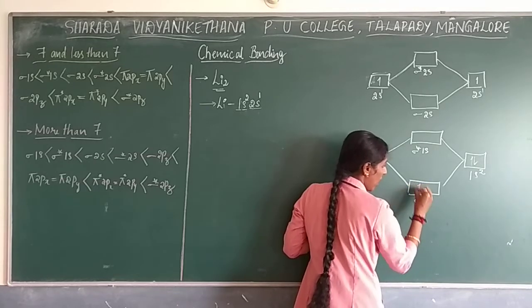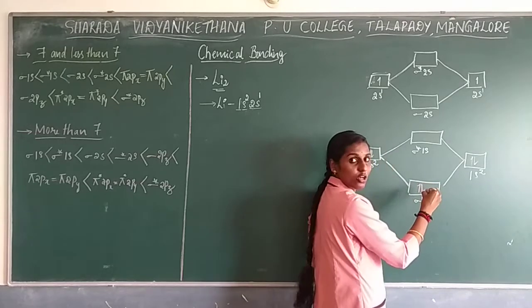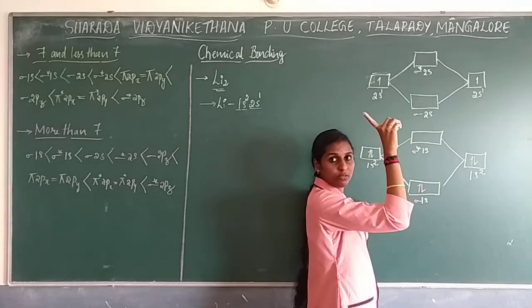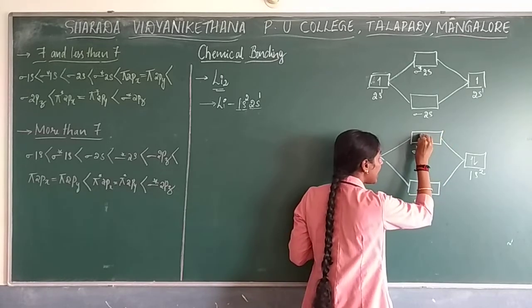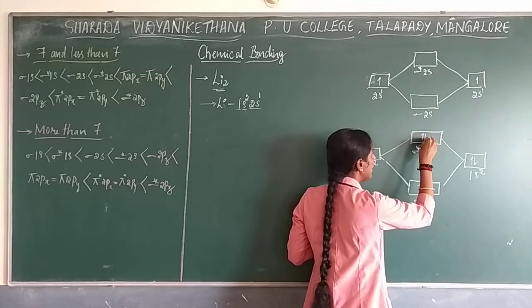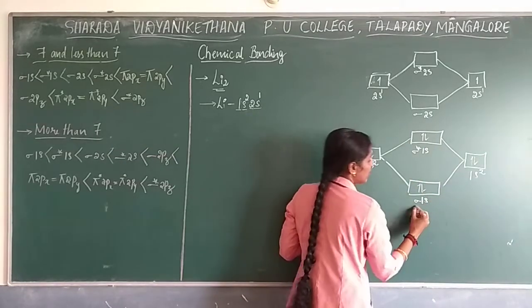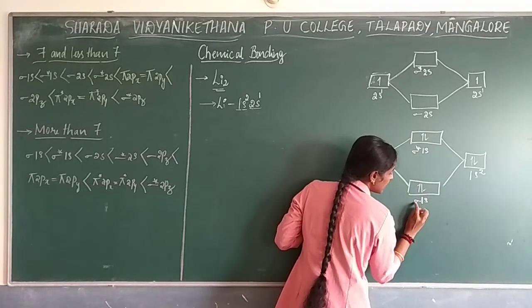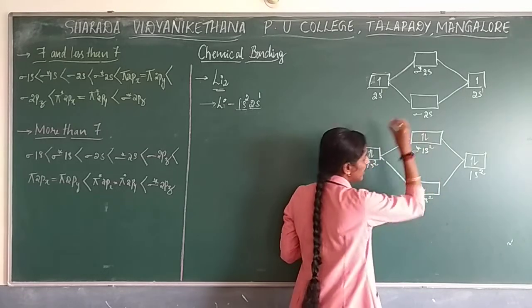So give 1, 2. Can I write one more over here? No, according to the rule, you can't write one more electron. That electron will go to the higher energy orbital. 3, 4. Over, 4 electrons you have given. So the electronic configuration comes as sigma 1s2, sigma star 1s2.